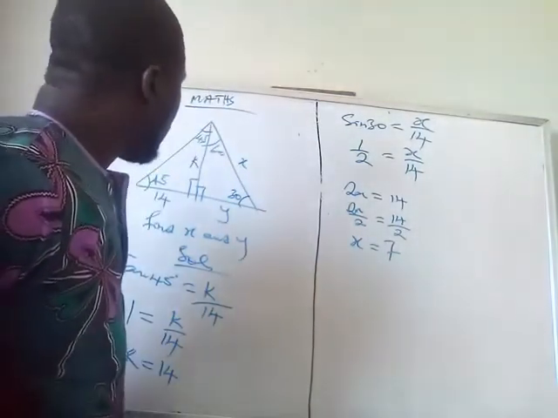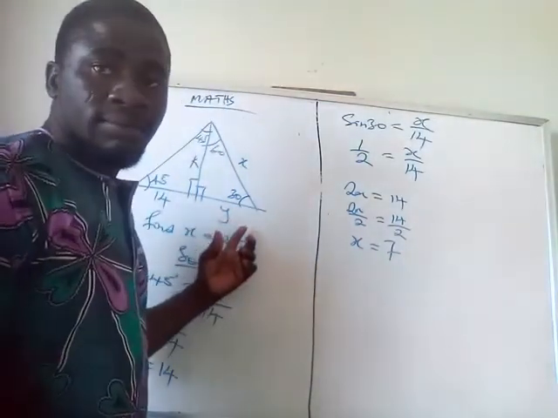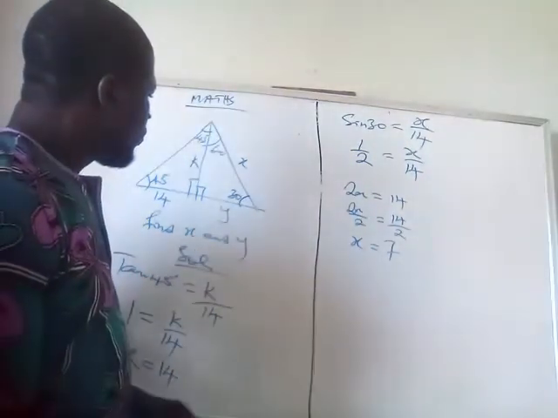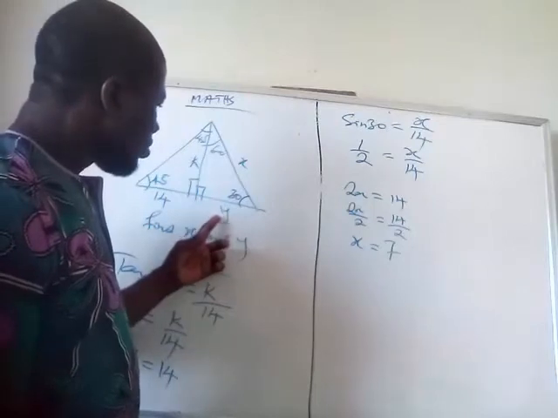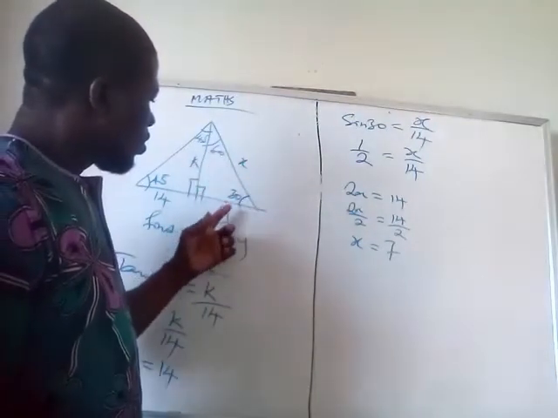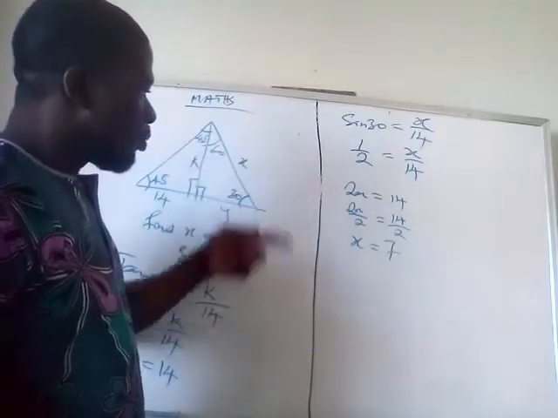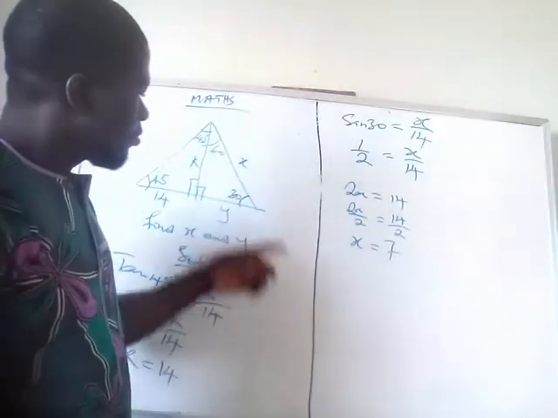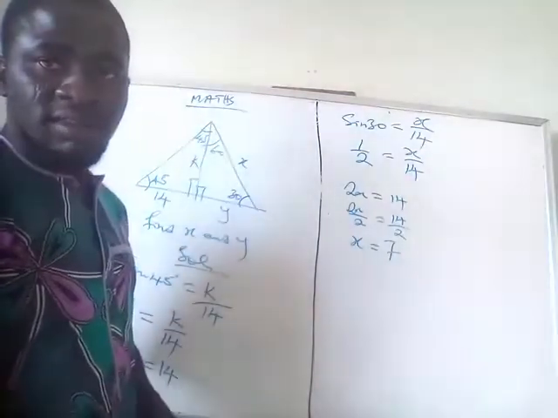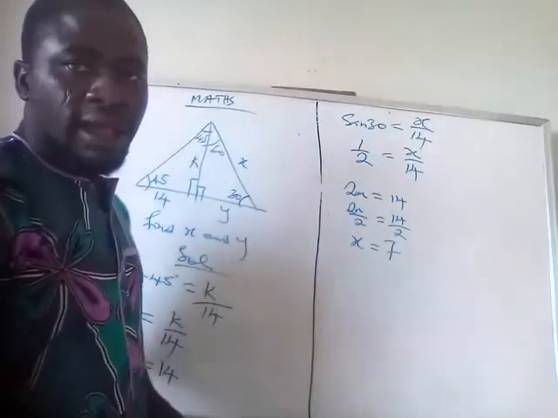So we go now, we are looking for y. We use adjacent of 60 or opposite over hypotenuse. Opposite over hypotenuse. But I want us to use another one instead of using only sine.